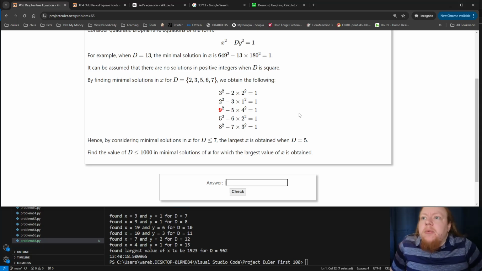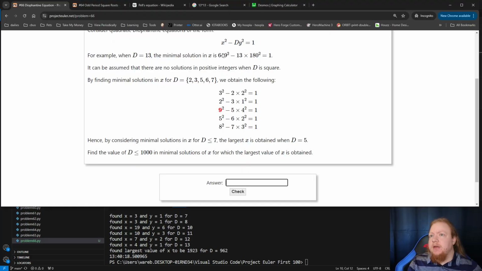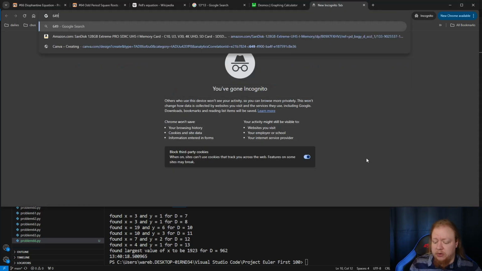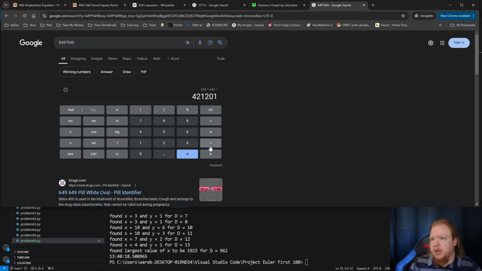So, another way of doing this more programmatically would be to for every multiple of d, find a square. But how many times does d go into 649 squared times 1? Or plus 1 minus 1?